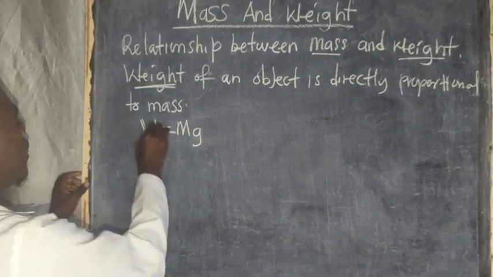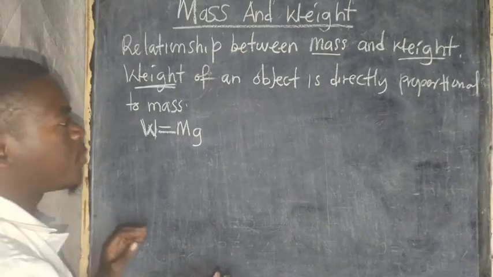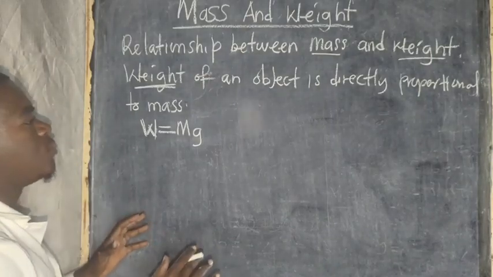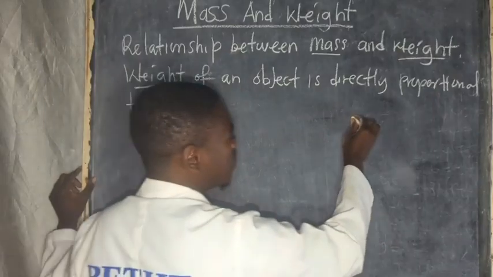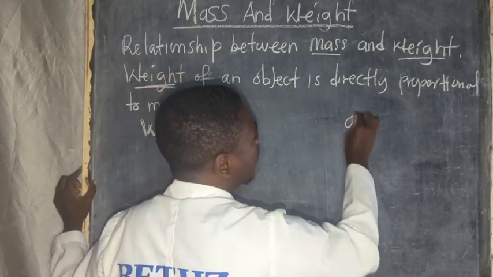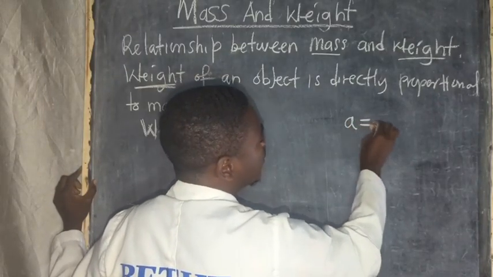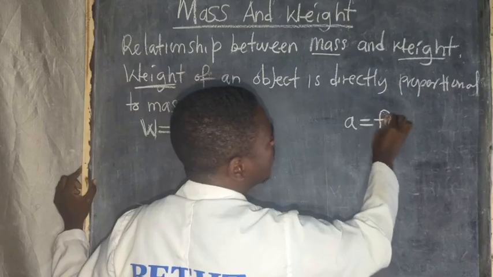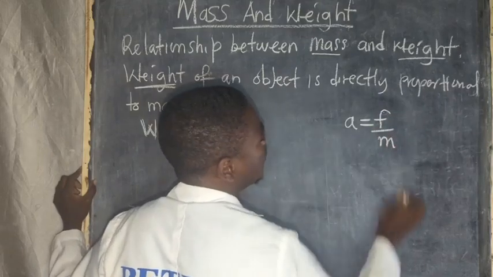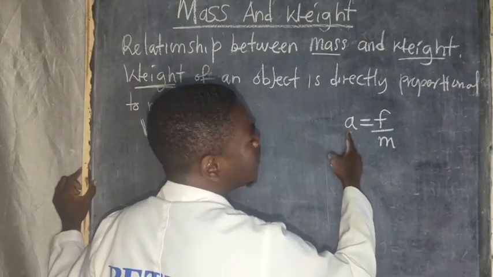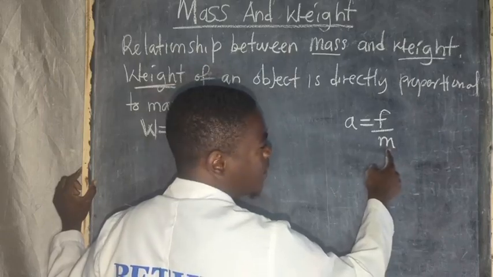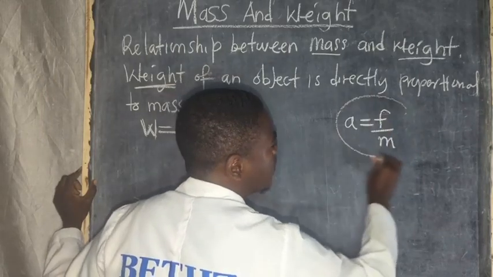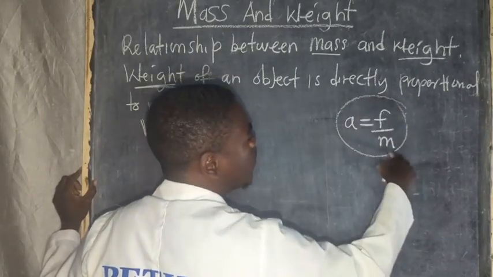So these two are direct. When it is inversely proportional, it is different. When I say that acceleration is inversely proportional to the mass, it is down there over.